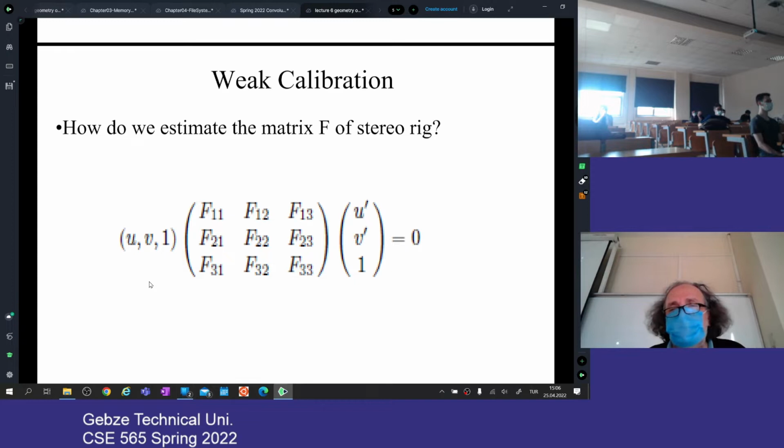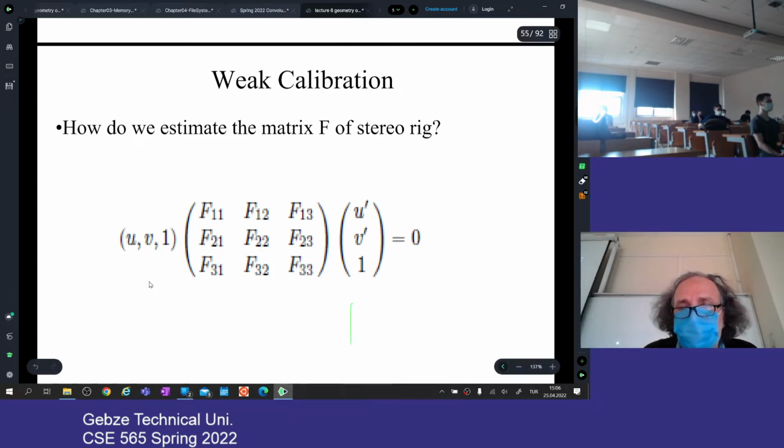If I have 2 images like this, and I know that this point 1 corresponds to this point 1 here, and this point 2 corresponds to this point 2 here, this point 3 corresponds to this point 3 here.